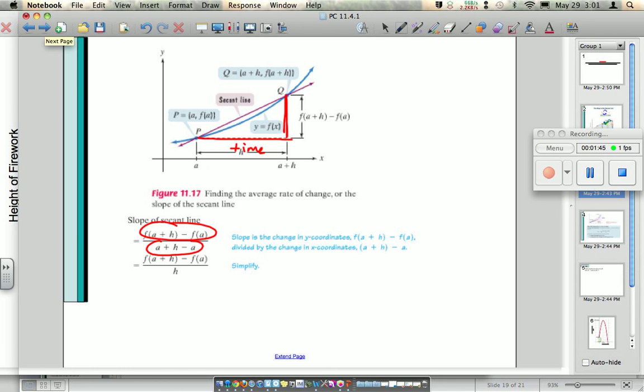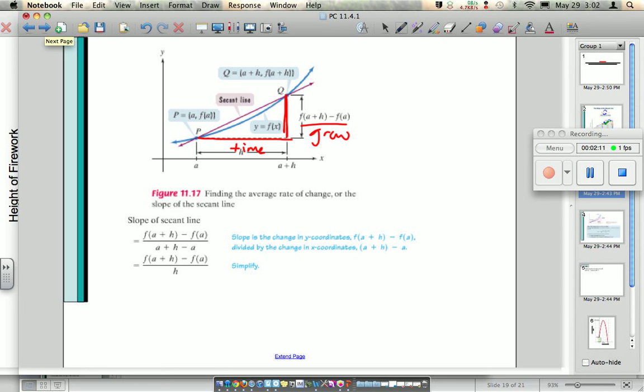How much money per foot did we grow? So the growth is a slope equation because it's the rise over the run. How much did we grow in how much time? And so it can be calculated by using this formula that you see here, which nicely simplifies to the difference of the functions all over h.